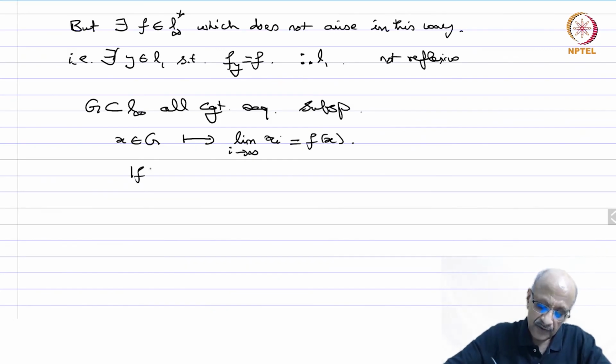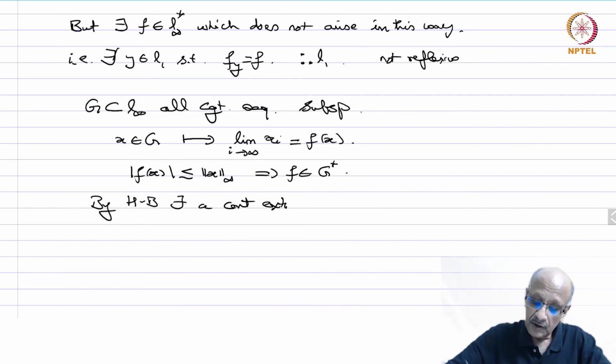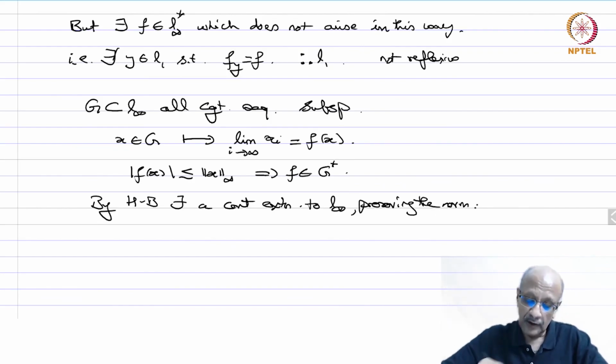Then mod f(x) is definitely less than or equal to norm x infinity, and therefore f belongs to G star. So by Hahn-Banach, there exists a continuous extension to L infinity preserving the norm. Let us continue to call that f.